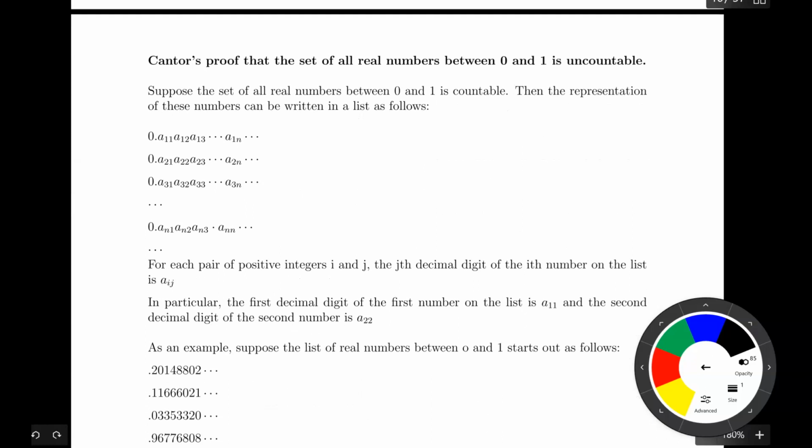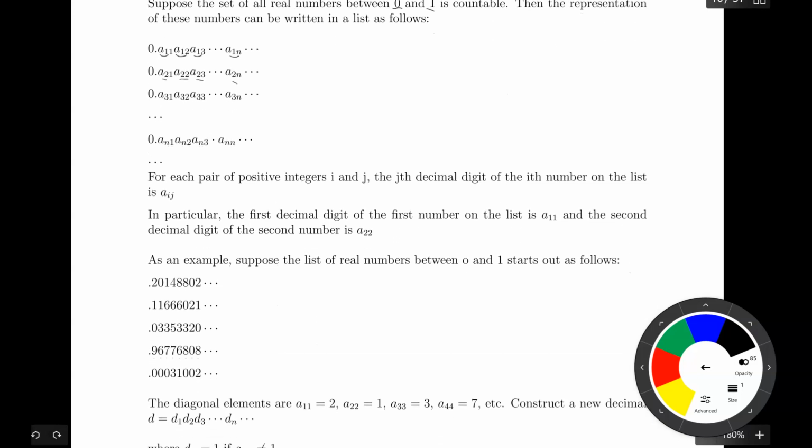All right, so here's Cantor's proof. If I was to write all the numbers between 0 and 1 out, they would be these decimals, right? This would be the first decimal place, the second, the third, the nth, all these decimals. And then if I was to write a list, to be organized, kind of like with the rational numbers, I would make this list here of all the numbers between 0 and 1.